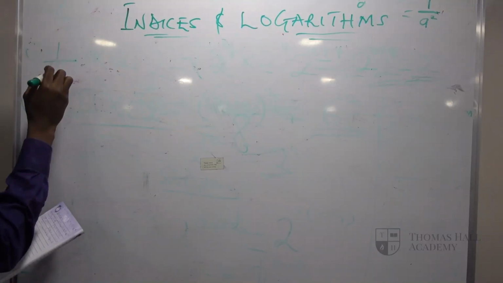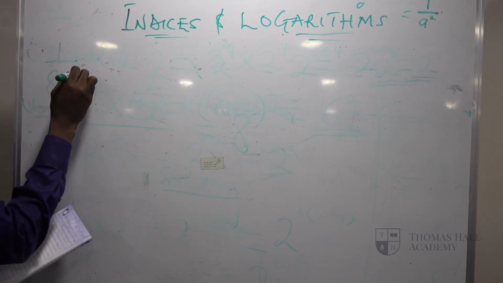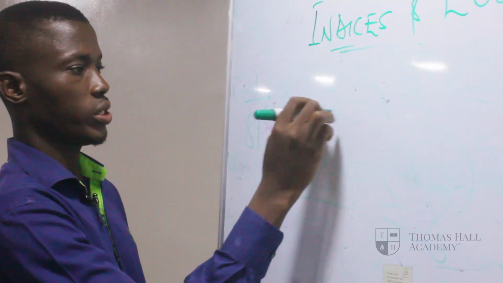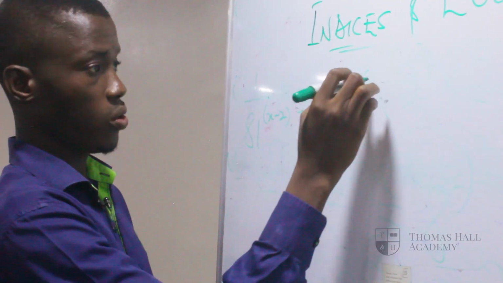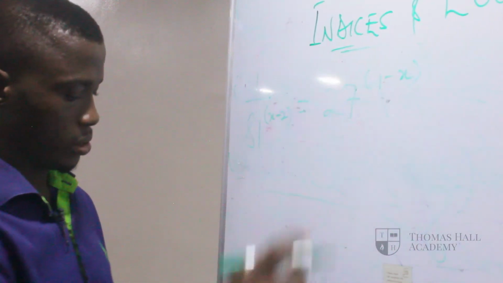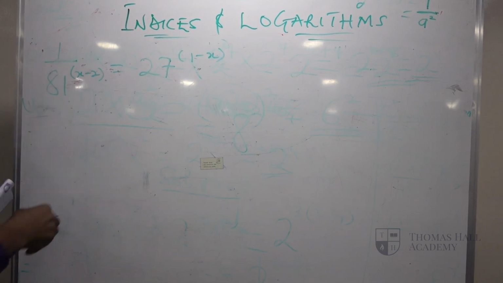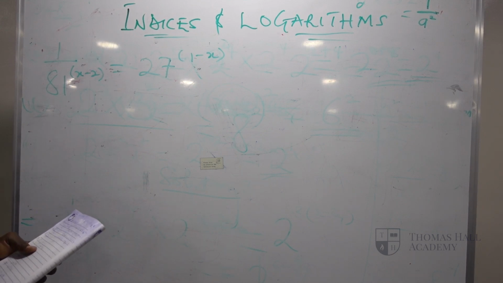1 over 81 raised to the power x minus 2 equals to 27 raised to the power 1 minus x. One all over 81 raised to the power x minus 2 equals to 27 raised to the power 1 minus x.